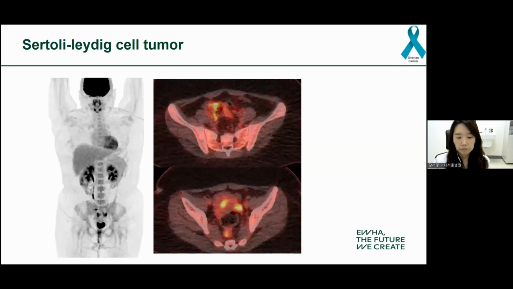However, she had surgery because there was a lesion in the left ovary, and the pathology finding was a sex cord-stromal tumor. So it was a little bit confusing with the physiologic uptake of ovaries, but it was a rare sex cord tumor in the left ovary. So yeah, we need to remember this case when evaluating ovarian lesions in FDG PET/CT.